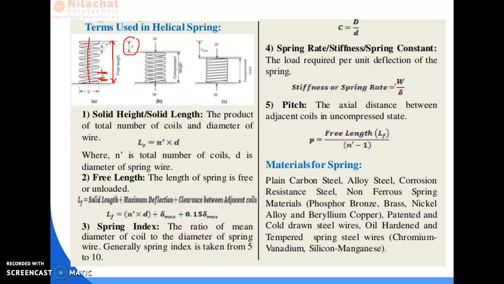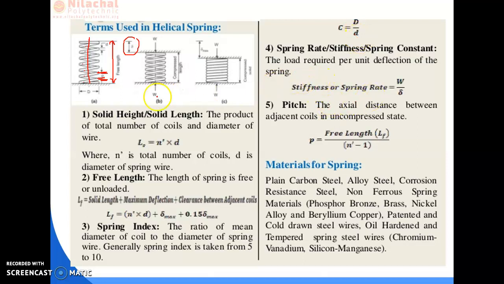In this way we conclude the different terms related to helical spring. First, solid length n into d, wherein n is the number of turns of the coil. Free length LF is n into d plus del max plus 0.15 del max, and spring index C is equal to mean diameter by small d, that is capital D by small d, where small d is the diameter of the wire.